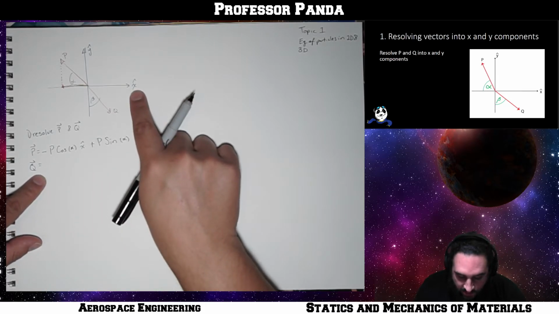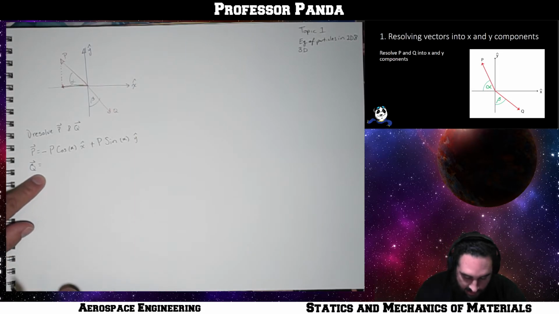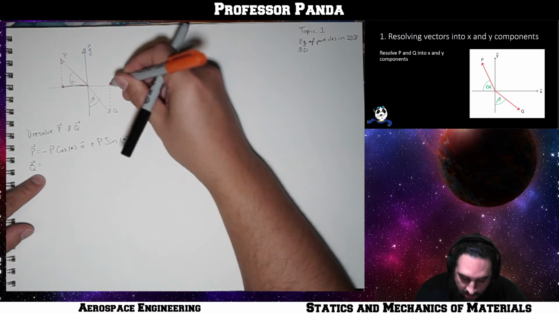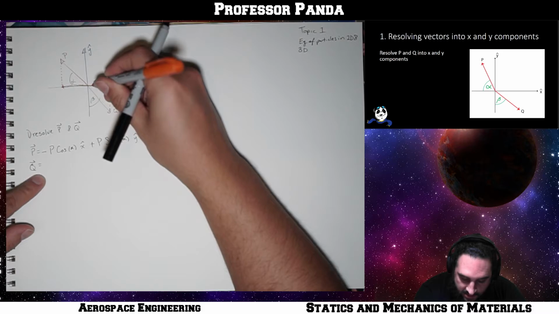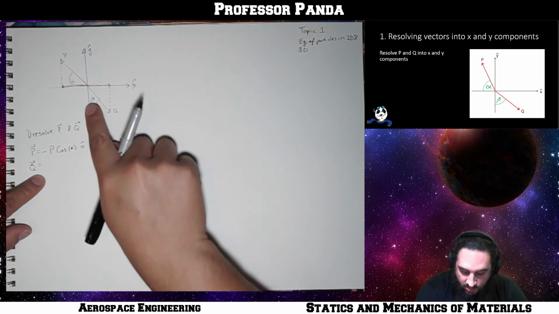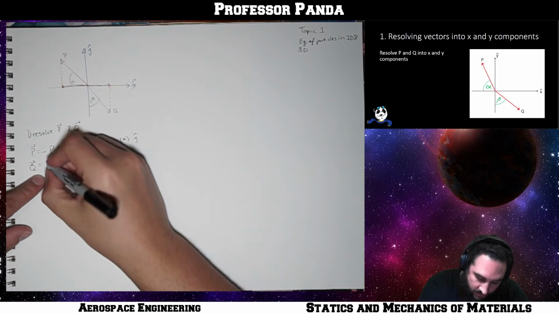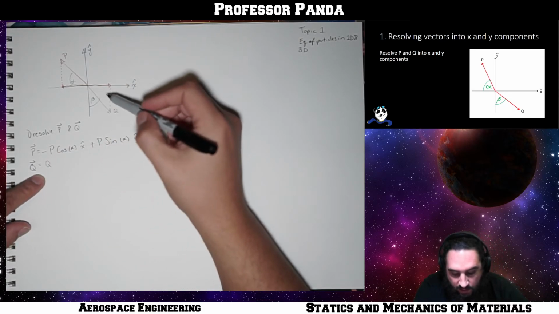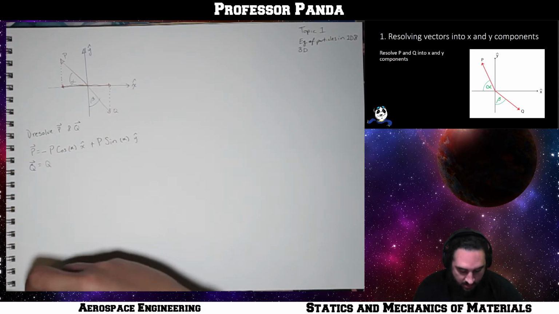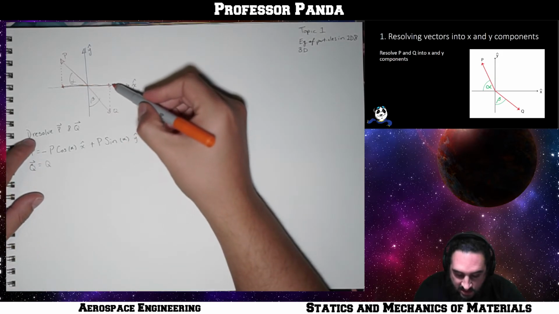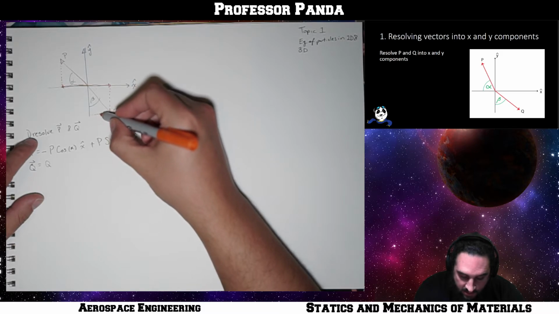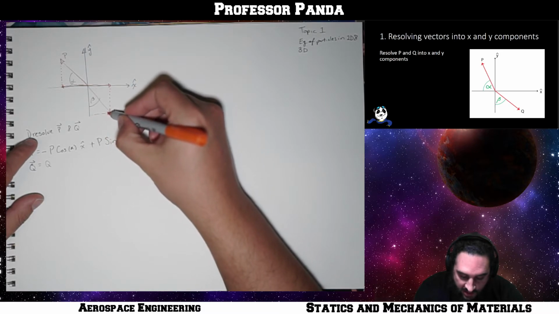So in the x hat direction, we're going to be going positive, because remember, this is the projection of Q onto the x-axis, which is this direction, positive Q. Now, this distance here on the x-axis and this distance here are the same.